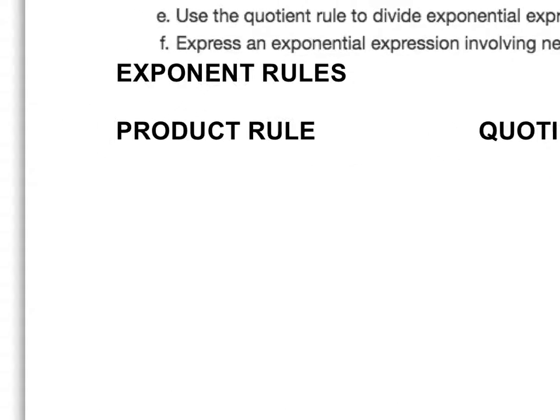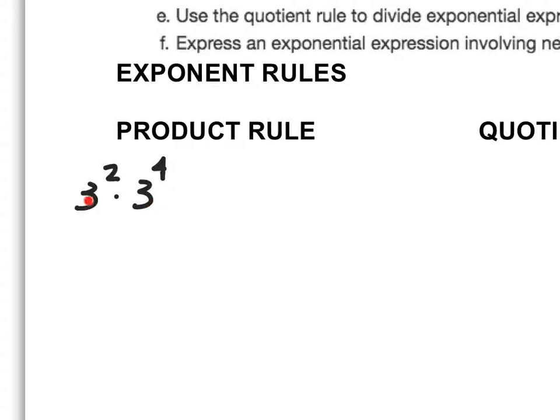What I want to do is introduce this and say, let's say that I have 3 squared times 3 to the 4th power. When I do that, I want to be able to write this as a single number raised to an exponent.